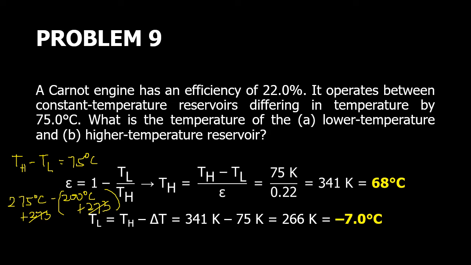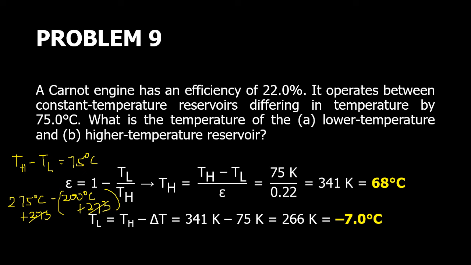So the high temperature is equal to 341 Kelvin, and if you convert that, you deduct 273, which equals 68 degrees Celsius. For the low temperature, you just again derive the formula.